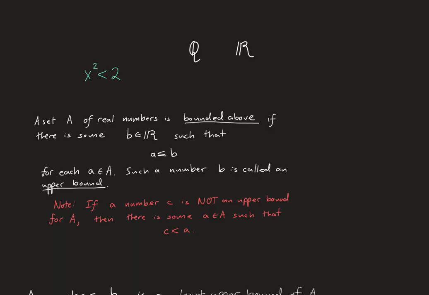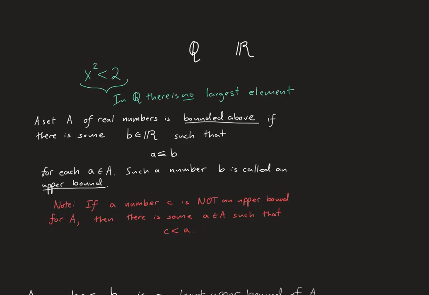There is no largest element in Q. In other words, the set of all rational numbers that square to less than 2 has no largest element in Q, whereas in the real numbers, there is one.